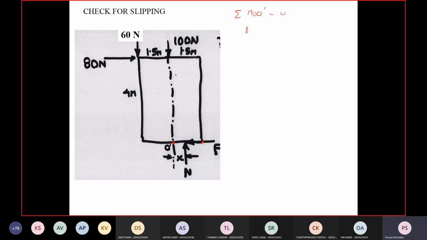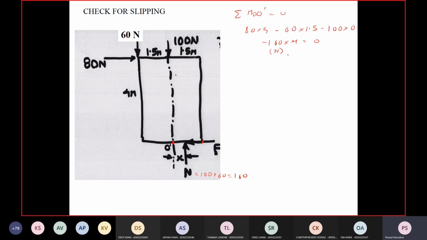So write the equation. 80 into 4 minus 60 into 1.5 minus 100 into 0 minus 160 into x is equal to 0. N will be 100 plus 60, that is 160, so I am taking the moment of that.